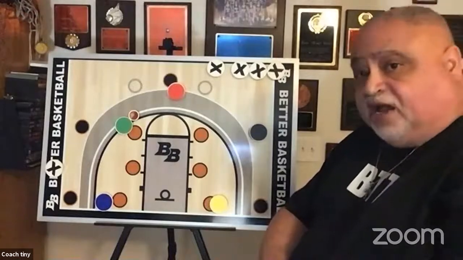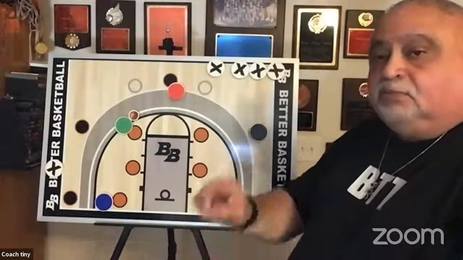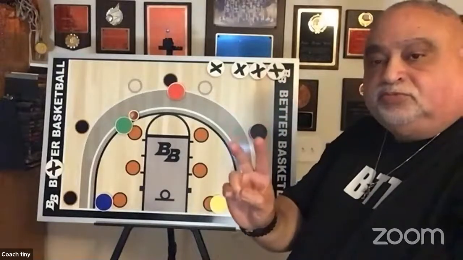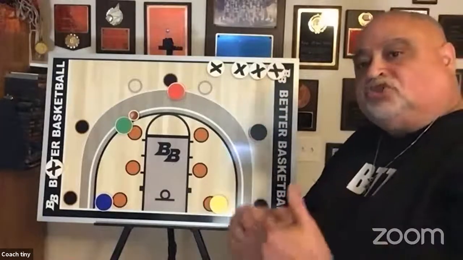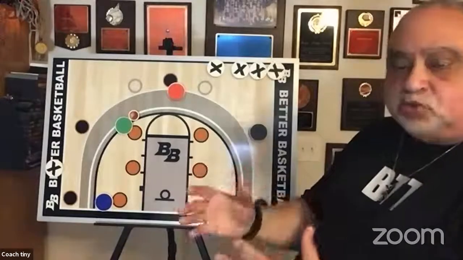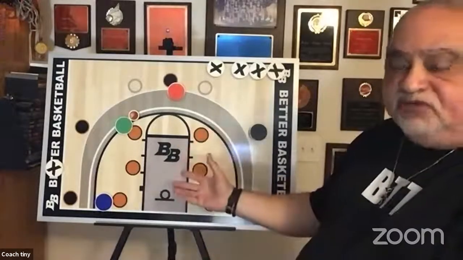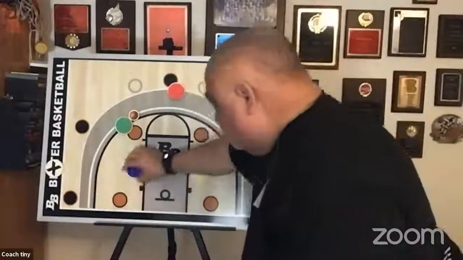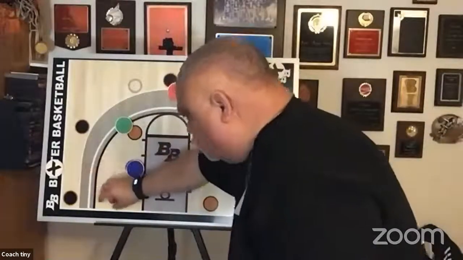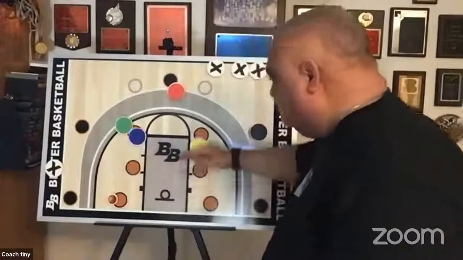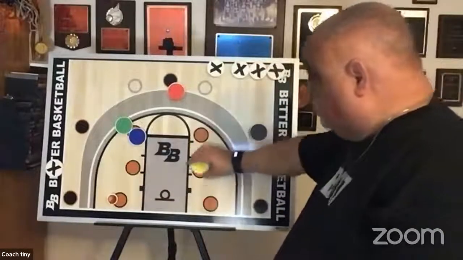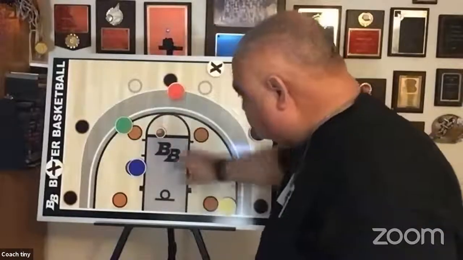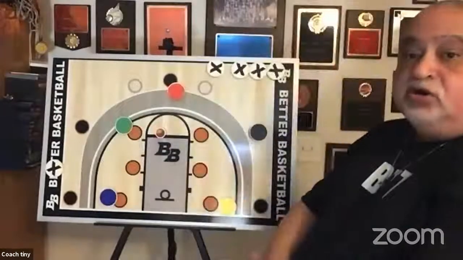So layer 5 is the basic post slides, and there are only 2. So when you're short on time and you have players with limitations, this is the only thing they have to learn. If the ball goes baseline, I move up. If the ball goes over the elbows, I go short corner or flank.